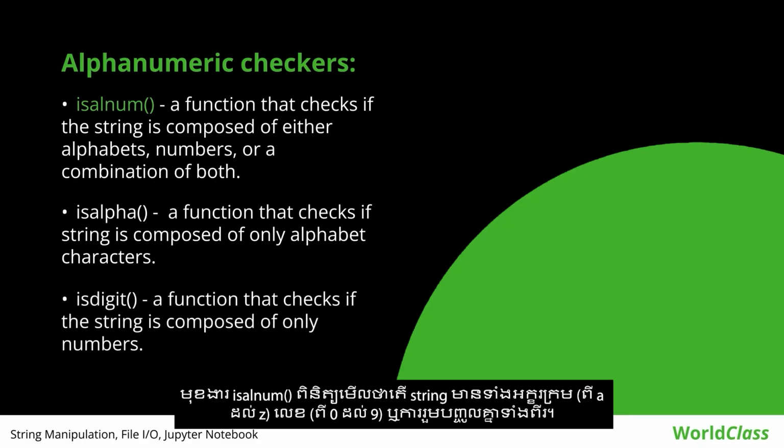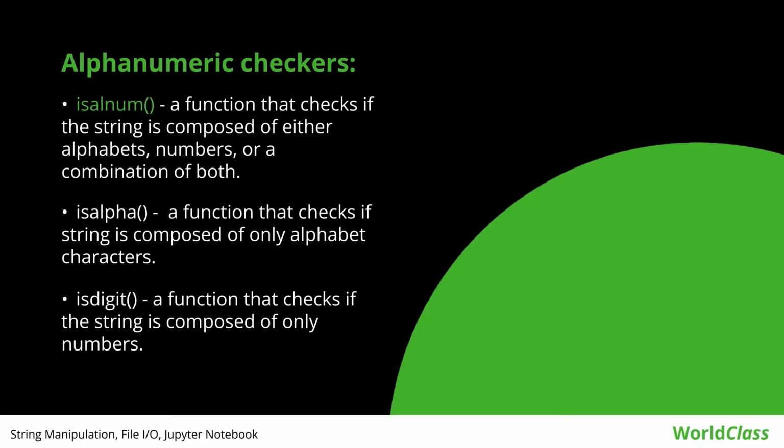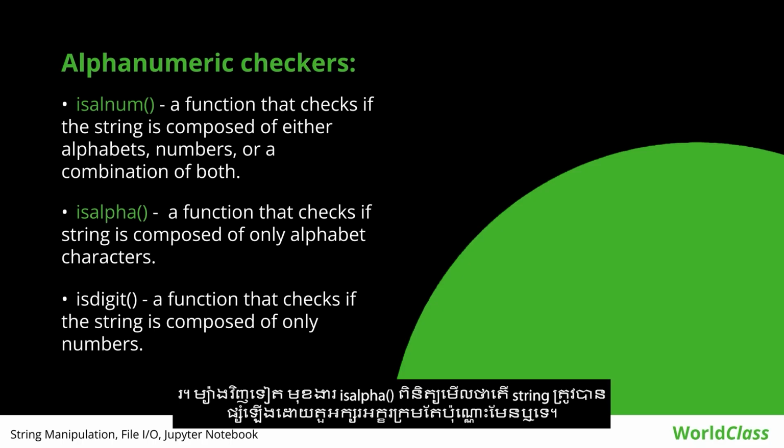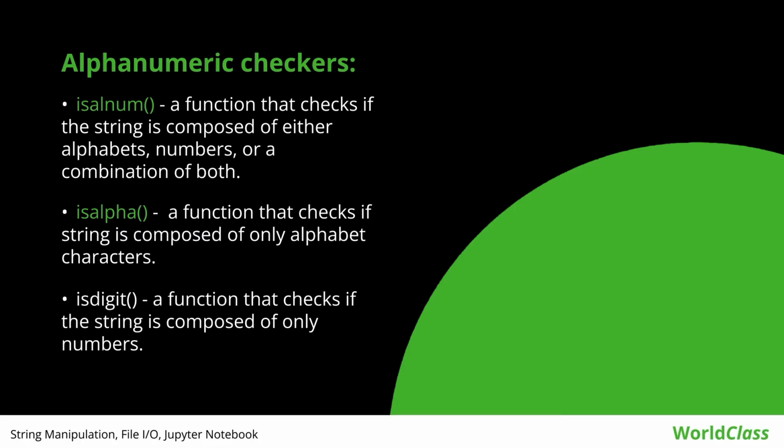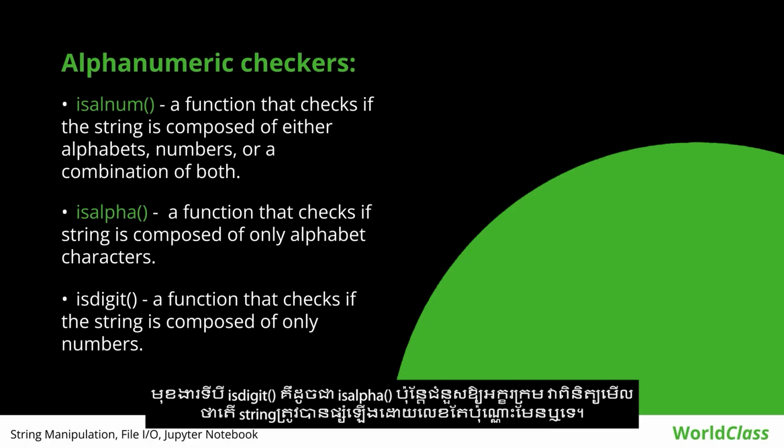The isalnum function checks if the string is composed of either alphabets from A to Z, numbers from 0 to 9, or a combination of both. The isalpha function, on the other hand, checks if the string is composed of only alphabet characters.